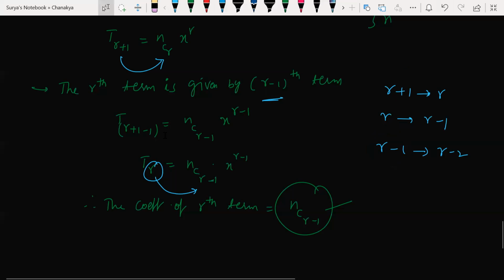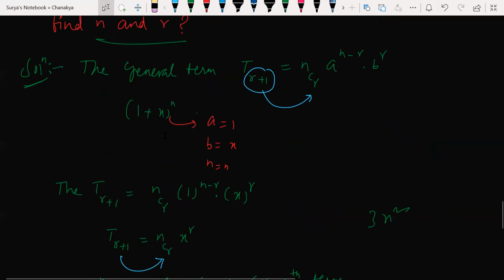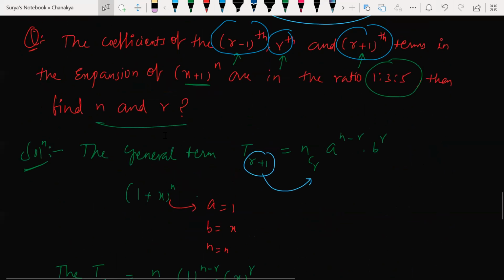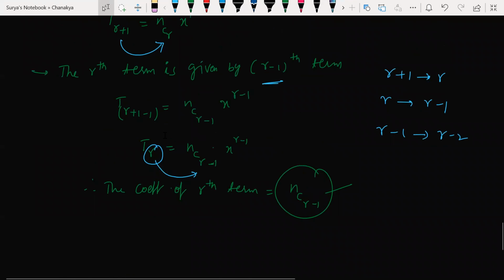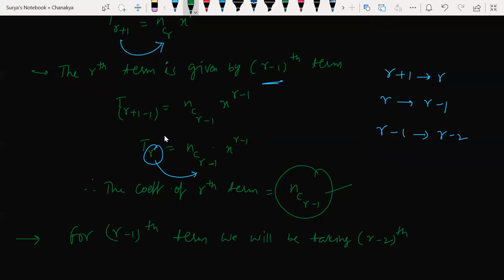And now similarly, tell me, for the (r minus 1)th term, what is it going to be? r minus 2, that's it. So let's write: for the (r minus 1)th term, we will be taking the (r minus 2)th term.